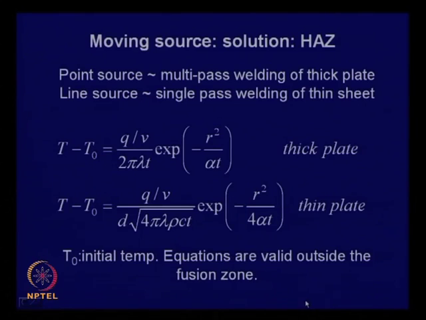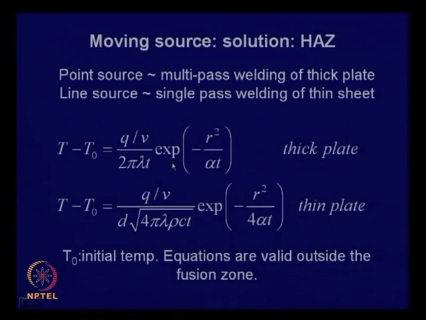It is possible to obtain some solutions under certain boundary conditions. If we assume a point source, it usually represents multi-pass welding of thick plate. We will see why in a little while. A line source will represent single pass welding of thin sheet. If you solve these equations in r theta coordinates, that is in cylindrical coordinates, this is the nature of the solution that you expect for thick plate.